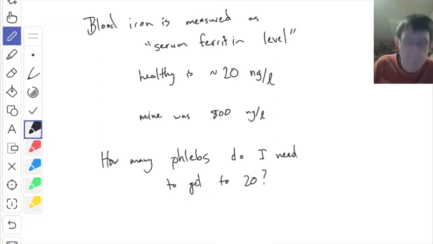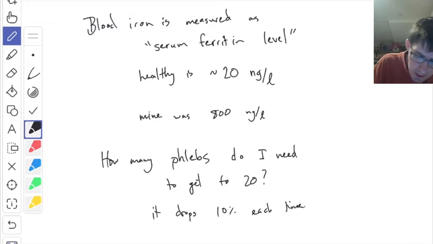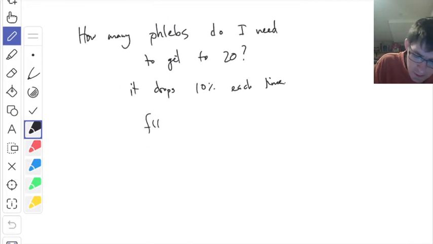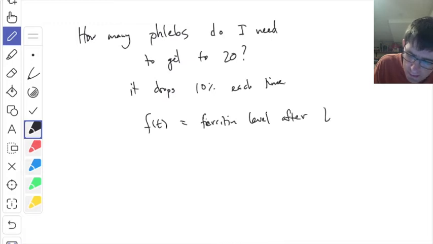So it drops 10% each time. I can make a function. Let's call it f of t, the ferritin level after t times.